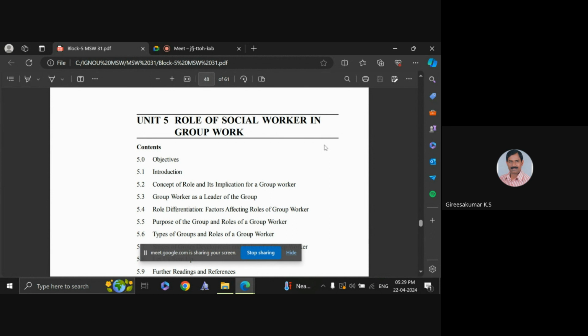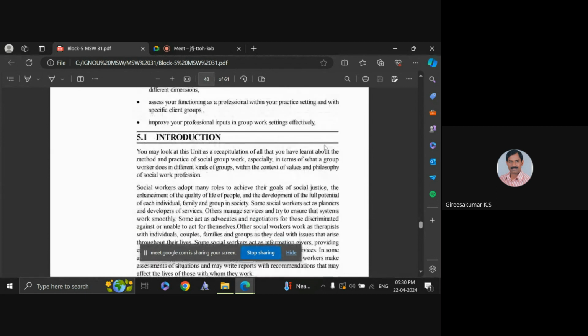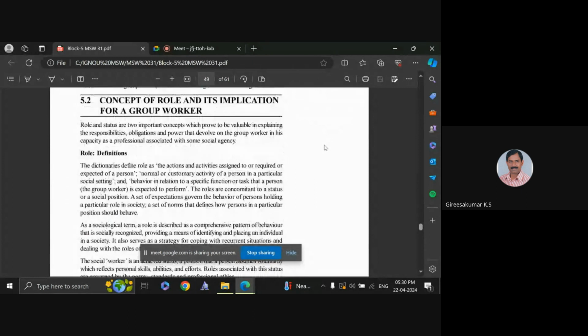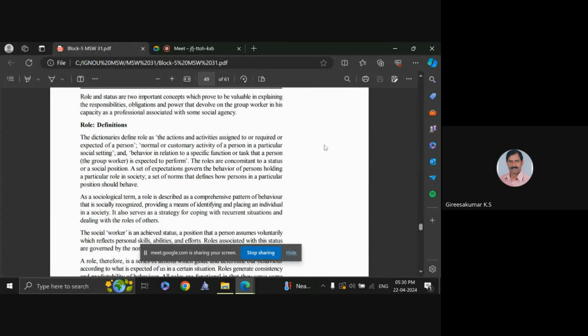At first, the concept is described. These are all the points discussed. Role: you must understand his role very well.